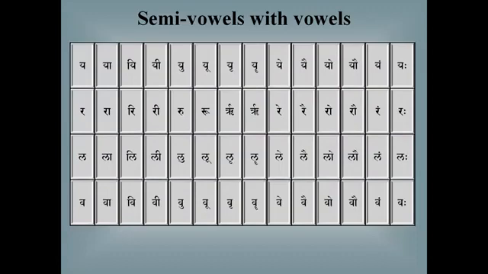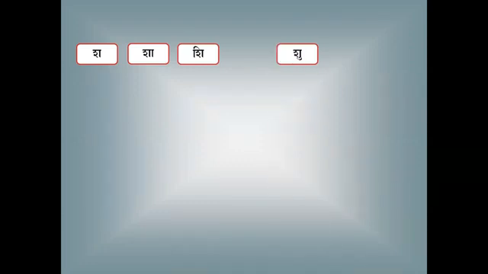Now semi-vowels are done. This is a summary of the semi-vowels consonants combination. Now after semi-vowels comes sibilants, Ushma Varnaha. What is this letter? Sha. Yes, good. Sha. Si. Shu.